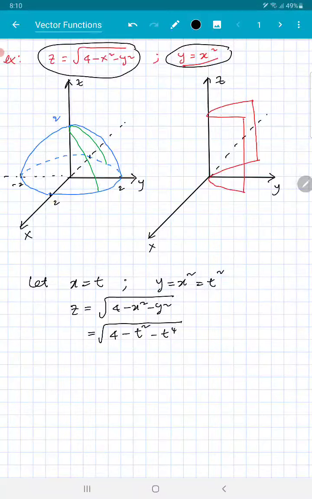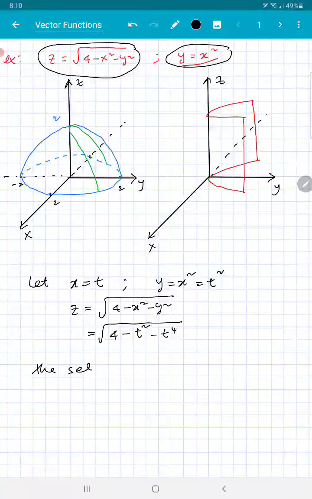Remember, for a curve in space, we can represent it using a set of parametric equations, and we can also represent it as a vector valued function. Let's write the set of parametric equations first.